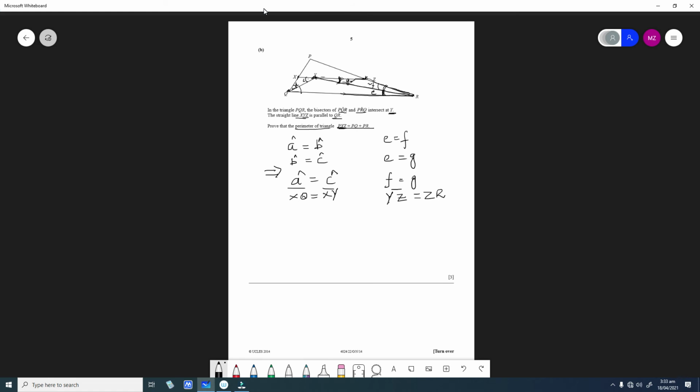Now we will be finding the perimeter and using these two results in order to prove that the perimeter is equal to PQ plus PR.